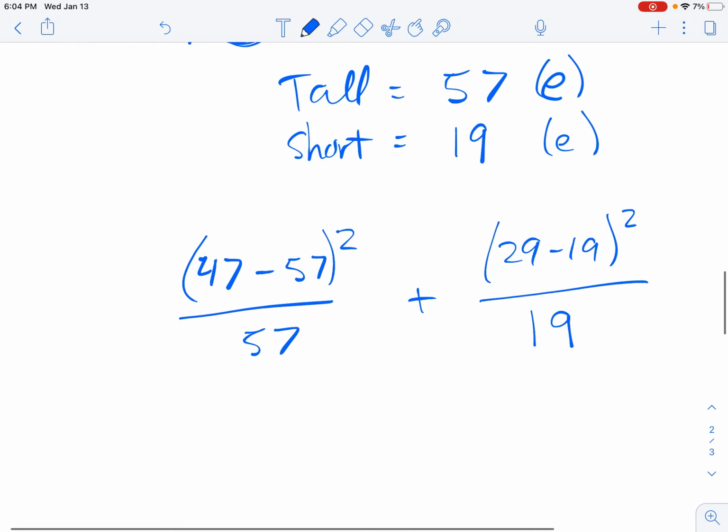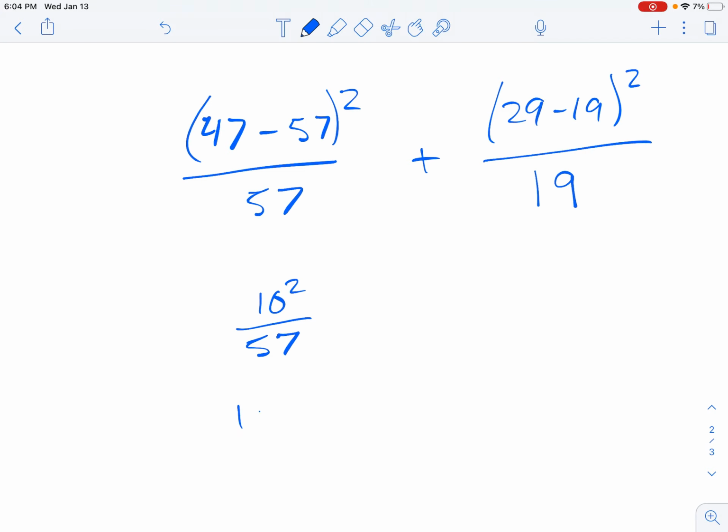So we'll go ahead and crunch those numbers. They both happen to be the same. So it's 10 squared over 57, which is 100 over 57. And this is going to also be 10 squared over 19, so it's 100 over 19.